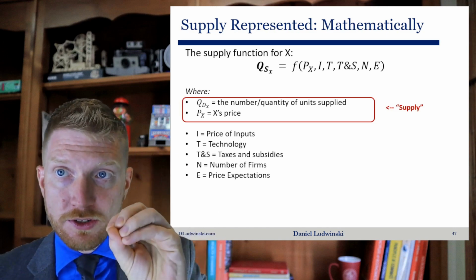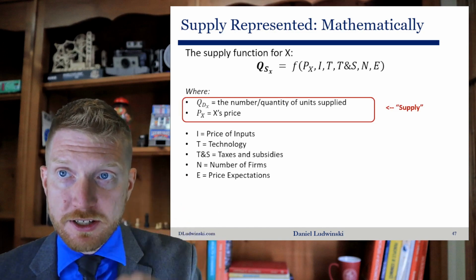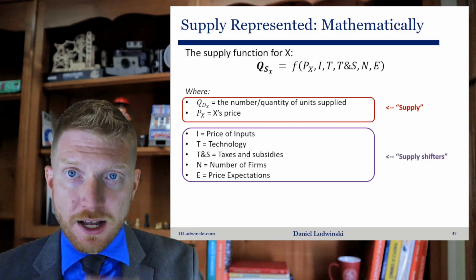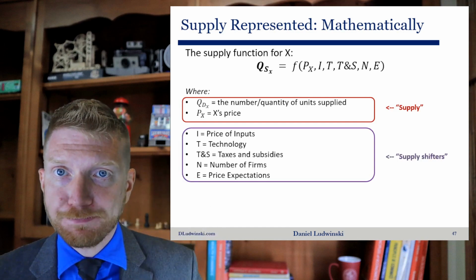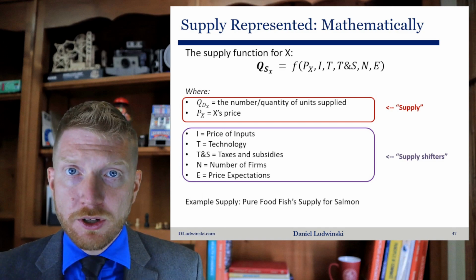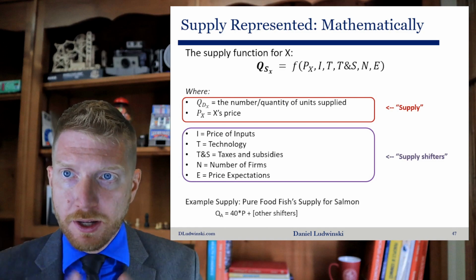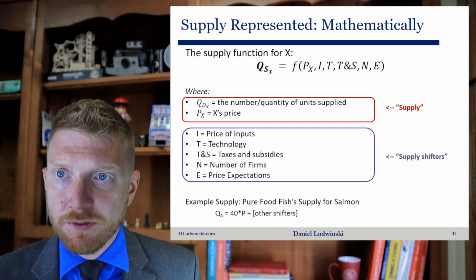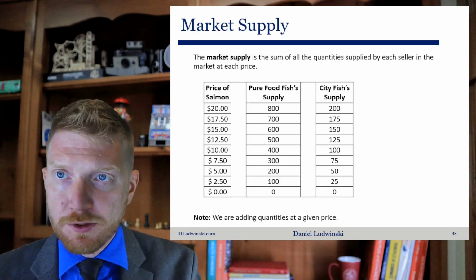These first two, this relationship, is what we mean when we say supply. These last five are the shifters of supply.